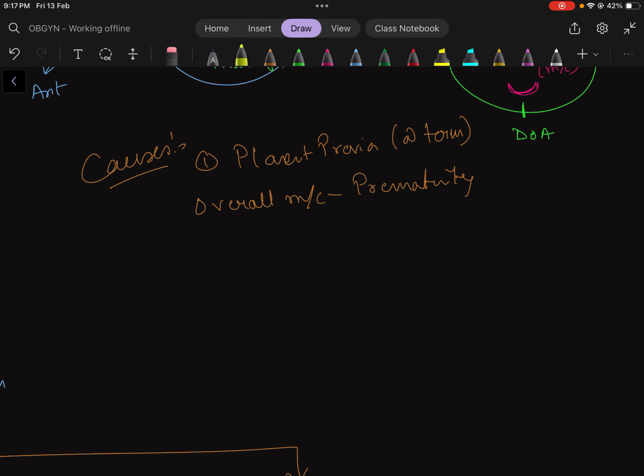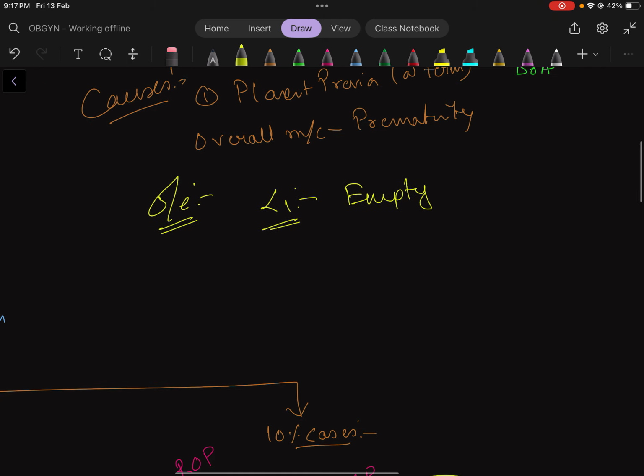Now what are the examination findings? On examination, during the first Leopold's maneuver, it will be empty. In the pelvic grips, grip 2 will be empty.